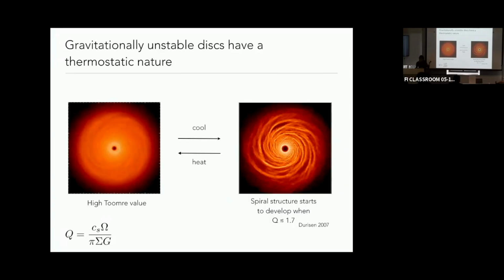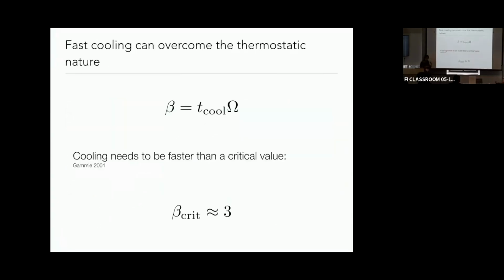However, if you can do something to the disk to overcome that thermostatic nature of it, then we can start thinking about fragmenting the disk, right? So what we often do, it's not physical, this is just a parameterized way of thinking about the cooling in the disk. What we often do is to say, right, let's define this beta value. This will be important for these simulations that you're going to run.